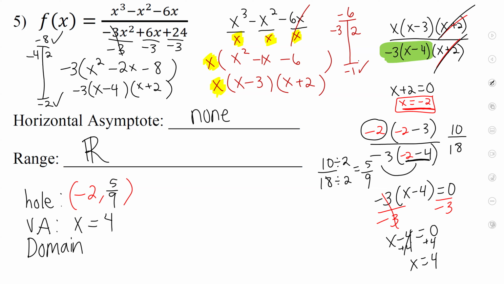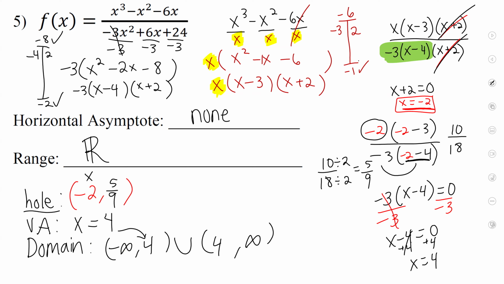Okay, we're almost done. What's the format we always take for the domain and range? -infinity to what? 4. This is x equals 4. That goes right here. 4 goes here, and that's infinity. All right. Now, we cannot equal the hole. What is the x value of our hole? Yes, the hole is at -2 and 5/9.